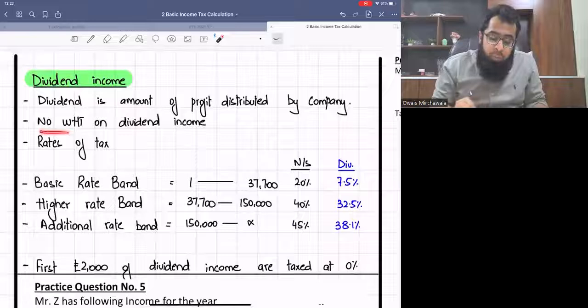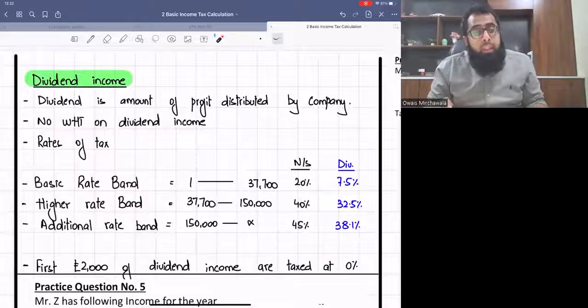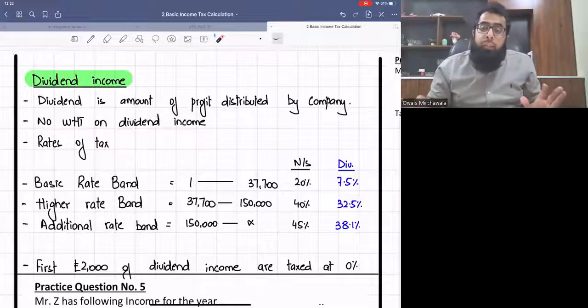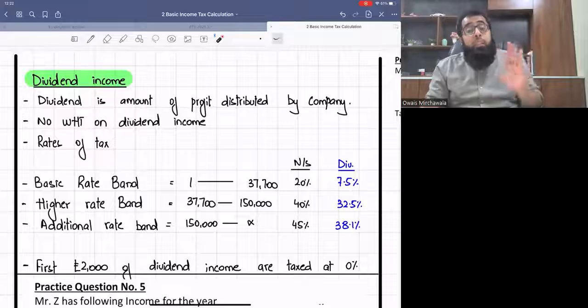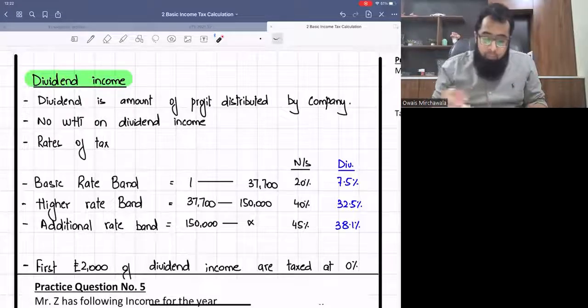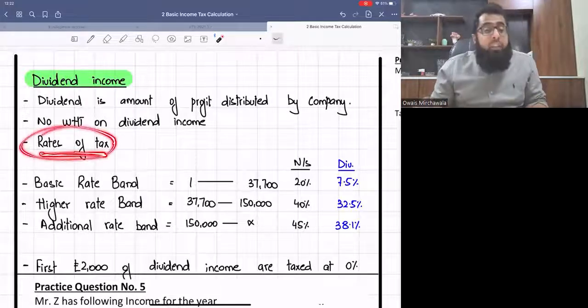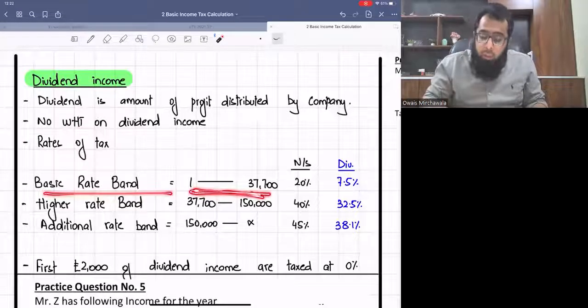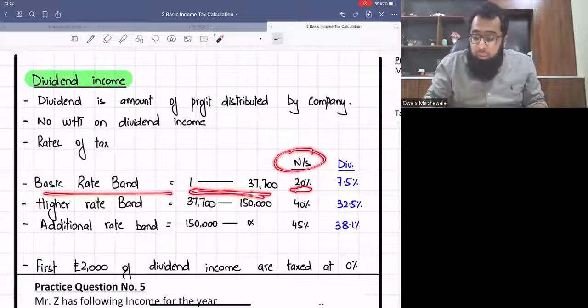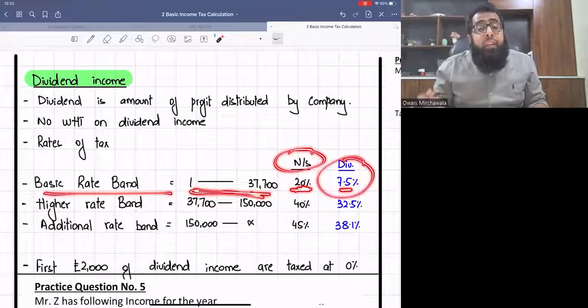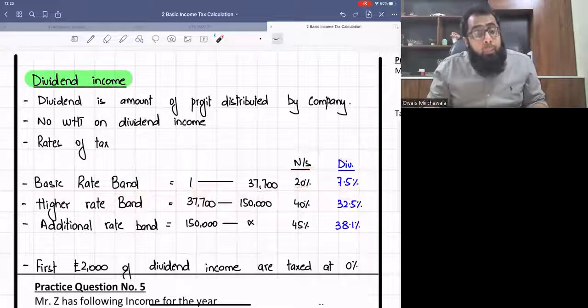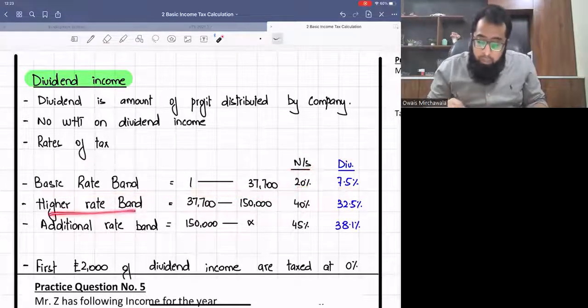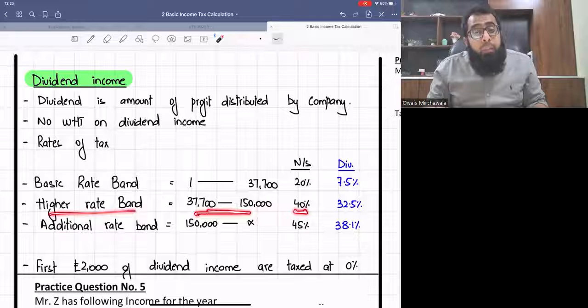First of all, you need to understand that there is no withholding tax, no advance tax on dividend income. You will receive the entire amount. The rates of tax for dividend income: in the basic rate band, non-saving is 20%, whereas dividend is 7.5%. In the higher rate band, it was 40% in non-saving and in dividend it is 32.5%.